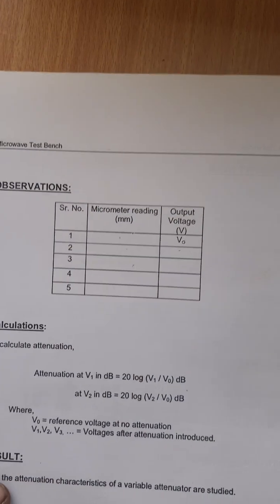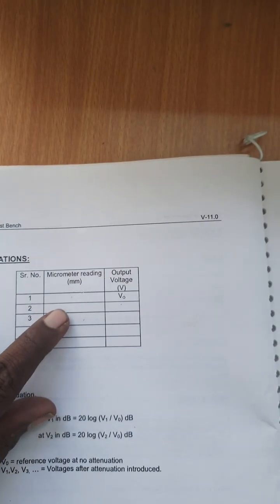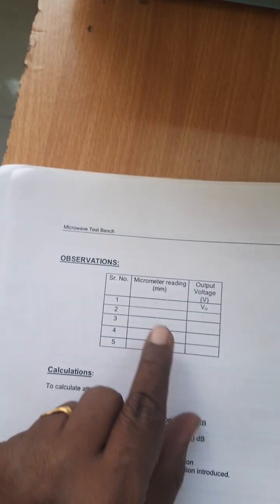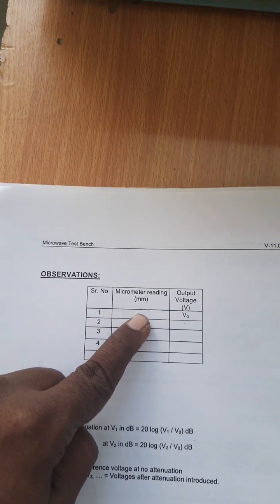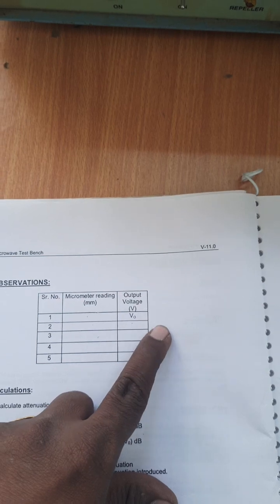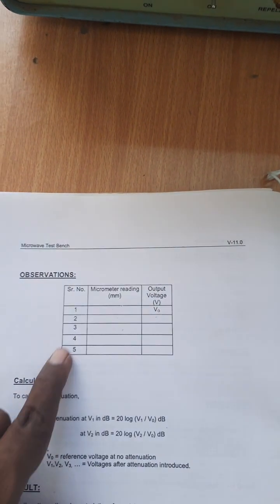So if we go through the observation table, here you are observing the observation table: micrometer readings 1, 2, 3, 4, 5, and the output voltage. For the first micrometer reading, at suppose the no-attenuation position, the output voltage I am taking as a reference. So suppose V0 is the output voltage which I am taking as a reference.